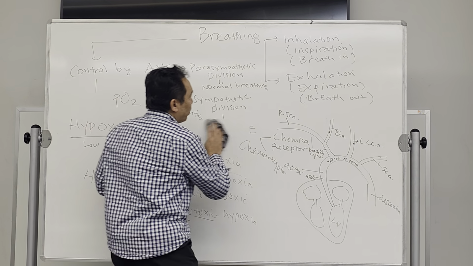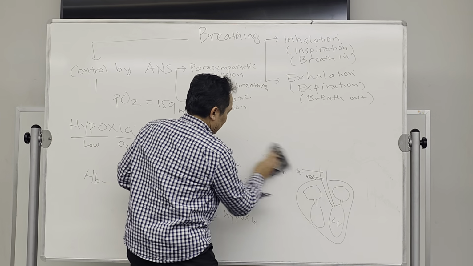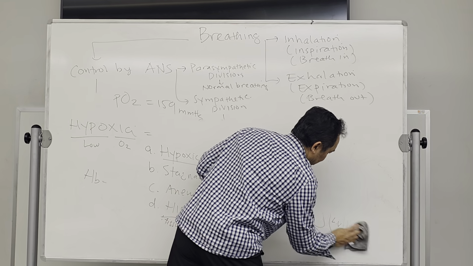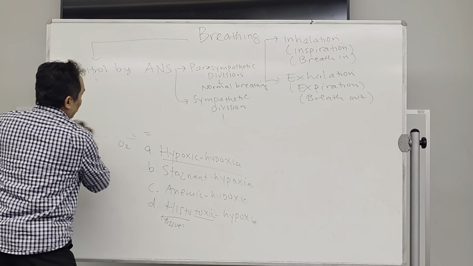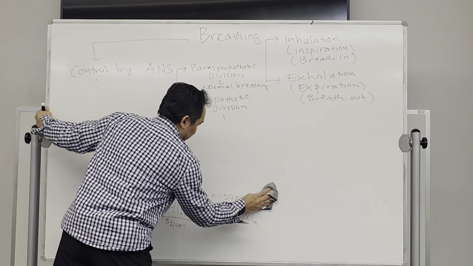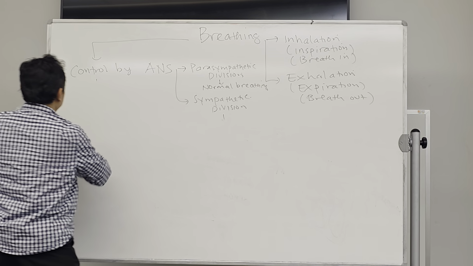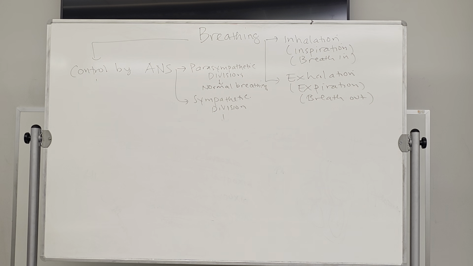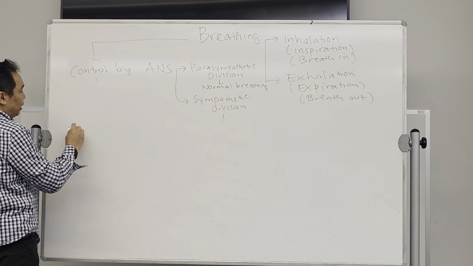I forgot to mention how much air actually will be exchanged during this breathing. Okay, again, it's controlled by the ANS. How much air? Okay, so during normal breathing, again, it's controlled by the parasympathetic division.